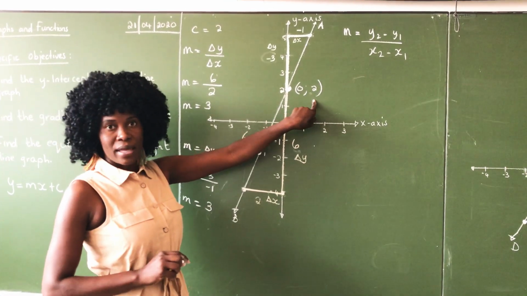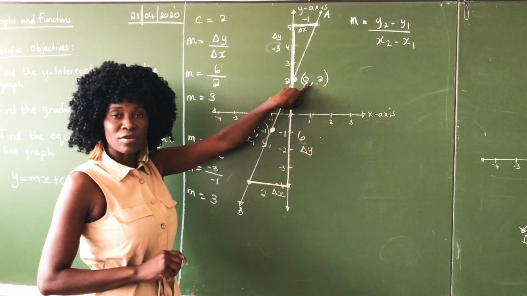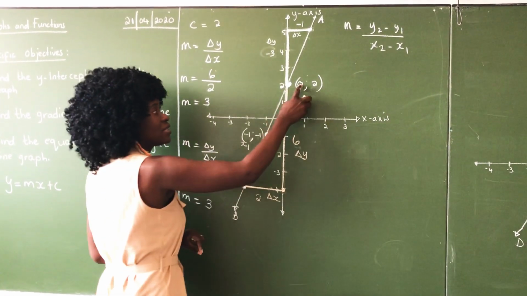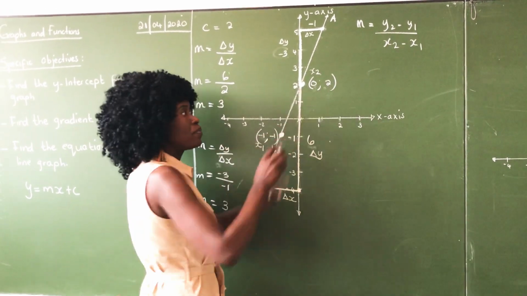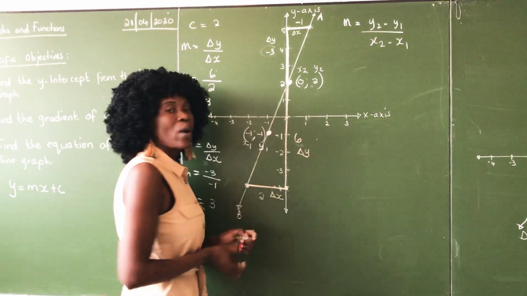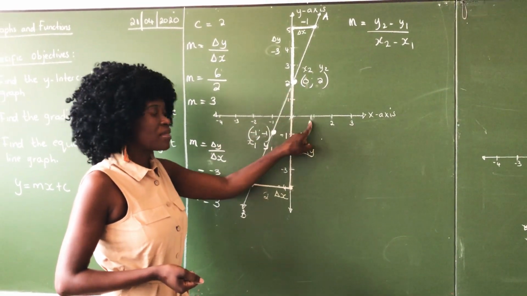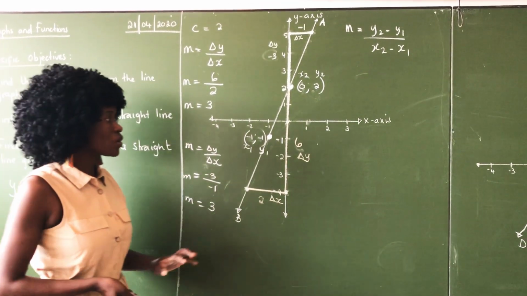Now the second pair, the first digit here, which is the 0, is from the x-axis. So considering that this is my second pair, the 0 will be my x2 and the 2 will be my y2. Why? Because the 2 is from the y-axis, the 0 is from the x-axis. Now I have labeled my coordinates correctly.